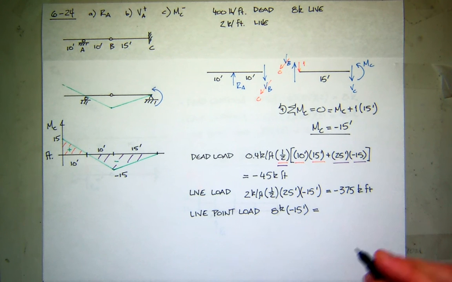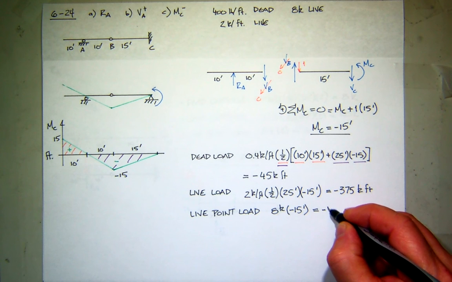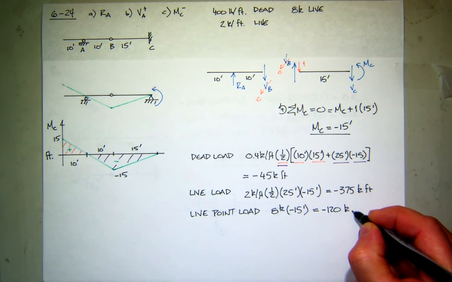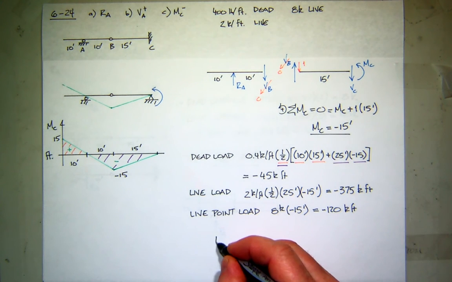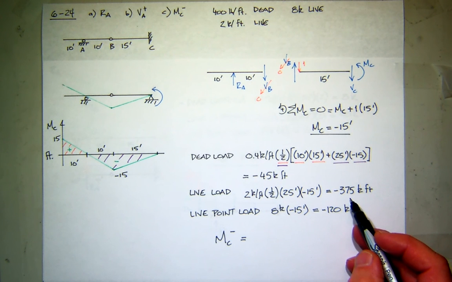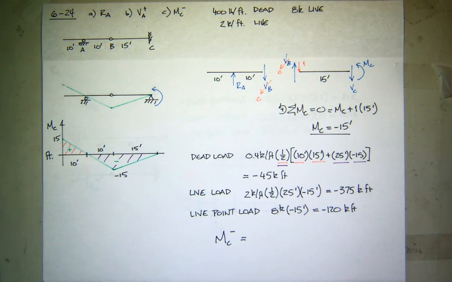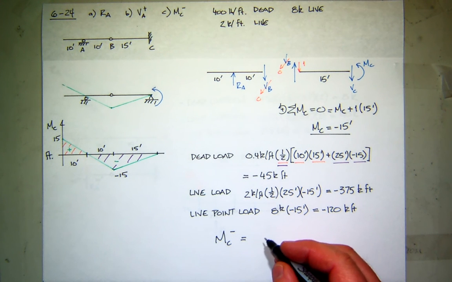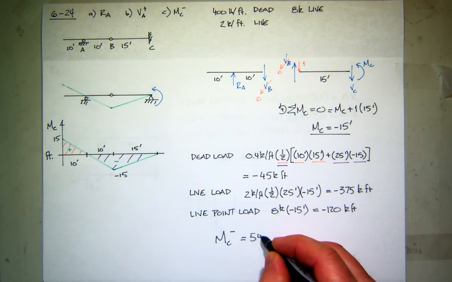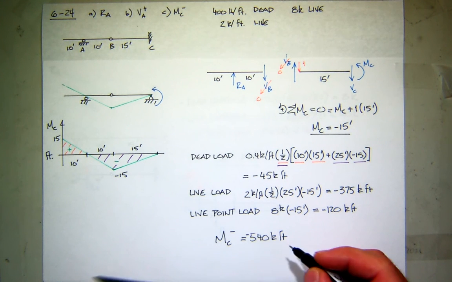That's 120? Negative. So now we have to add all those together. So the maximum moment at C is going to be all that. So that's 420, 540. Is that right? Yes. Oh, forgot my minus sign. Negative.